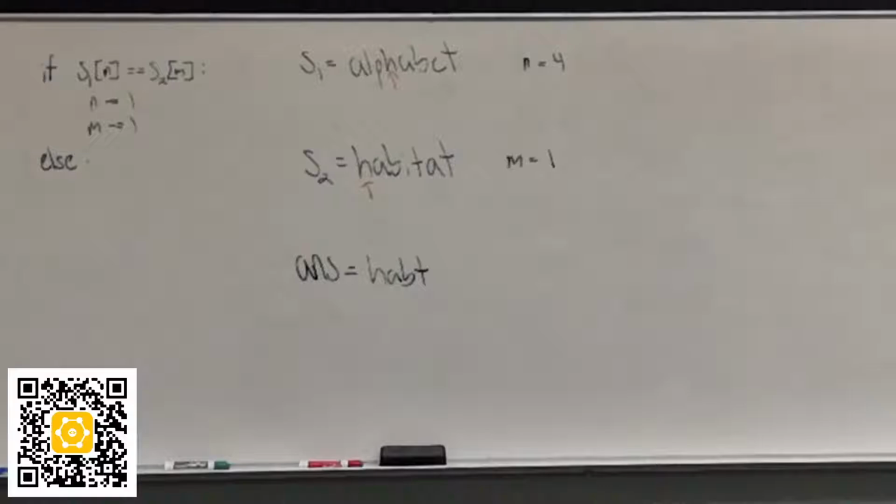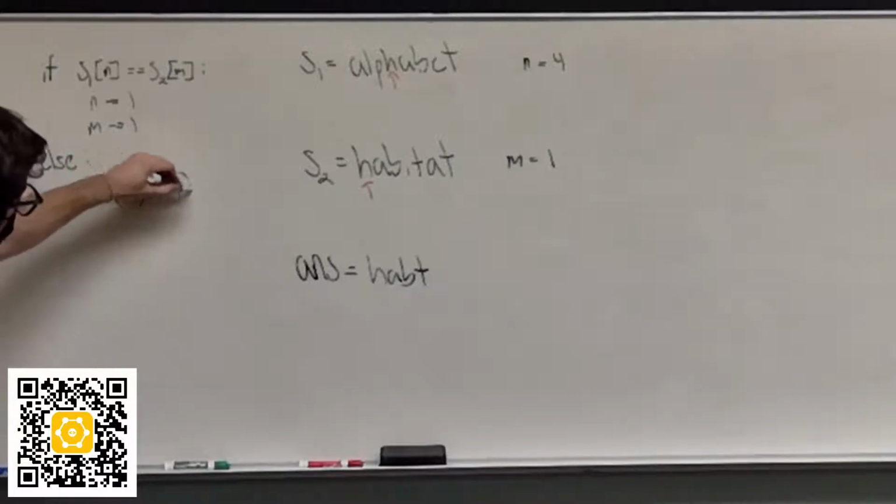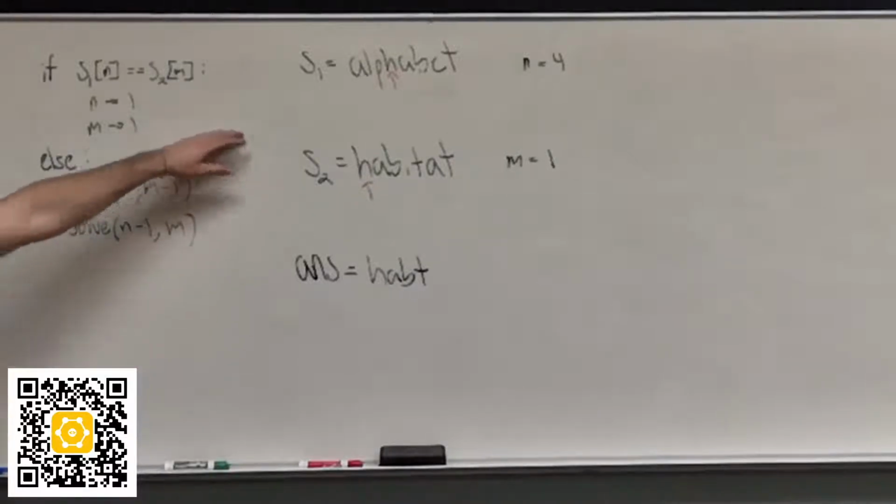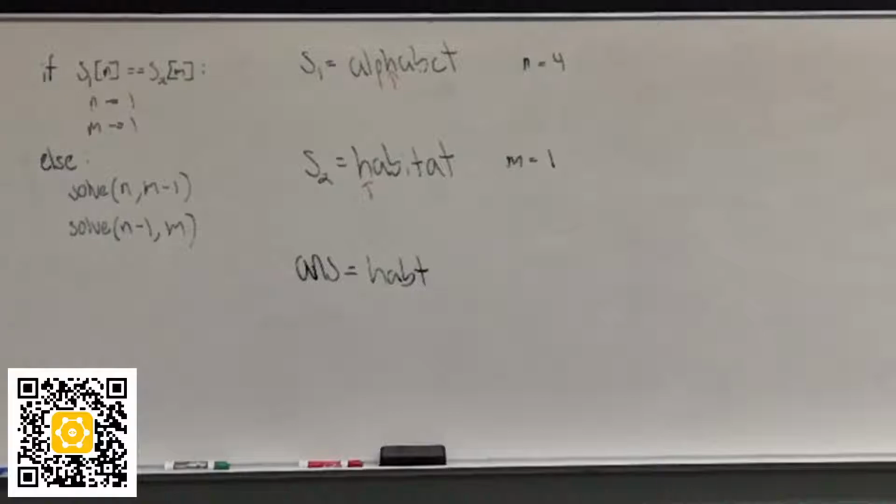In that case, you can do two calls to look for Sn minus 1 and S2m, and Sn and S2m. Wait, I get confused. Yeah, no. Let's just say we're only including the n and the m, and S1 and S2 are global variables, whatever.